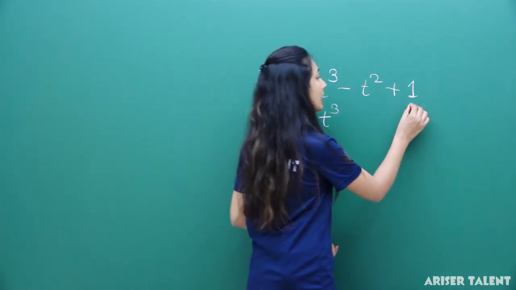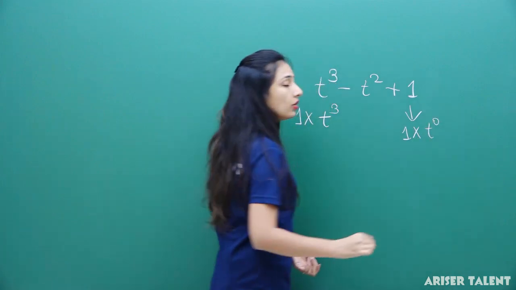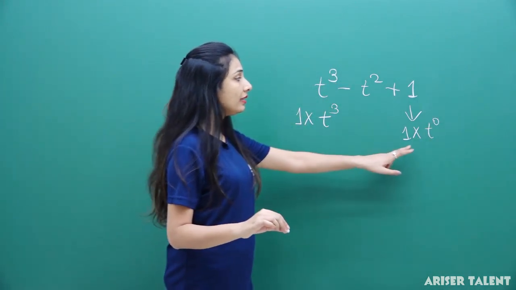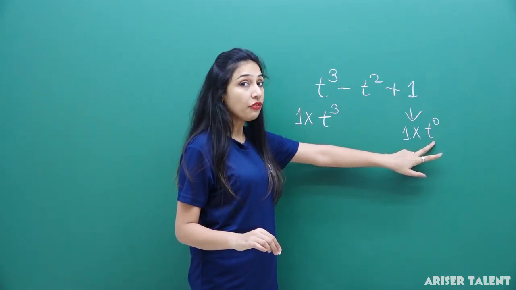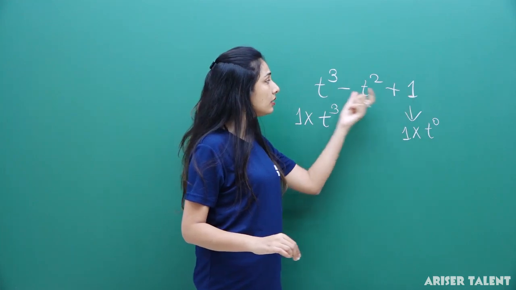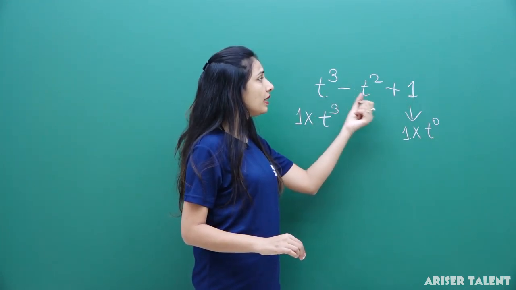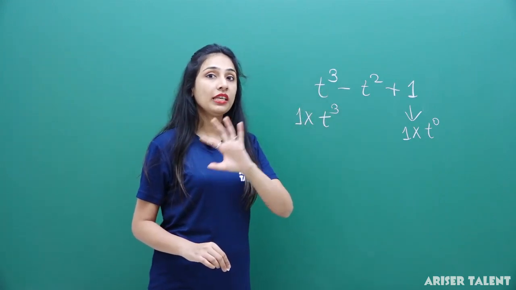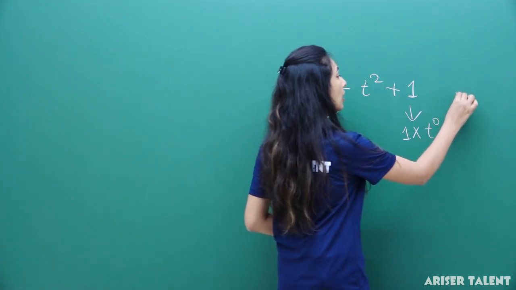Here it is 1 multiplied by t raised to power 0, so again a constant and a variable make a term. These terms are connected with the signs of plus and minus, and we are completing all the rules. So yes, it is a polynomial expression.